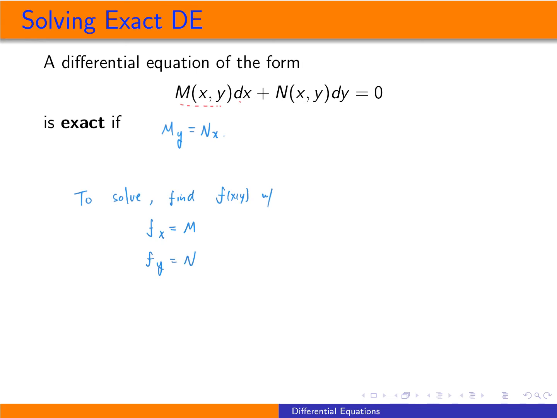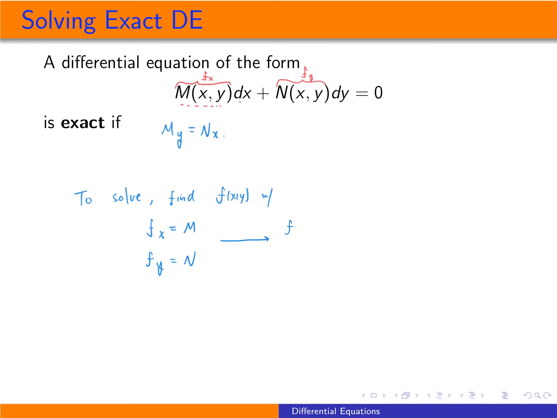And just to give you the pattern, we want to make our differential equation have this form: partial f sub x times dx. So now x and x agree, plus the partial of f with respect to y times dy. So the y's agree.